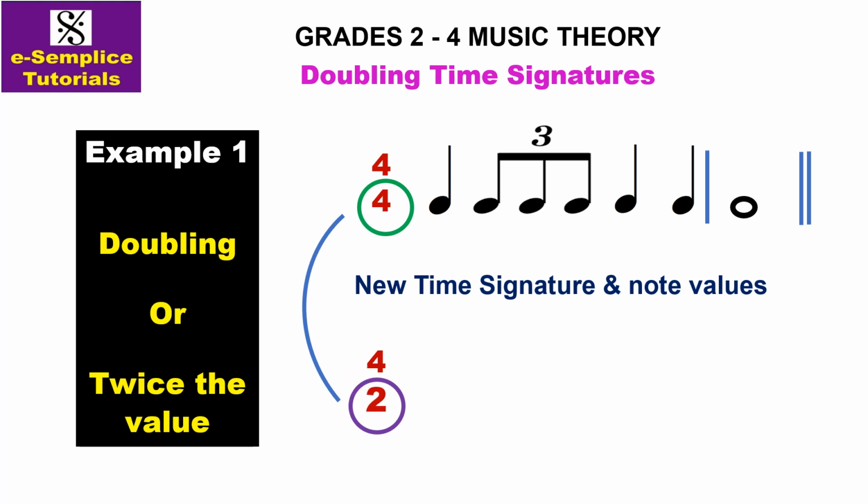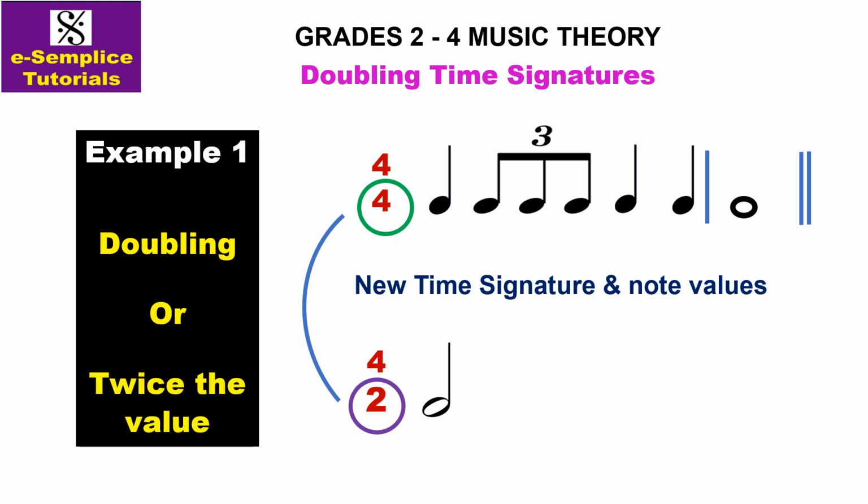Remember, the top number is not affected, and the top number signifies the number of beats in a bar. 4 remains, but the bottom figure changes. Now that you have a new time signature, let's double each of the notes.